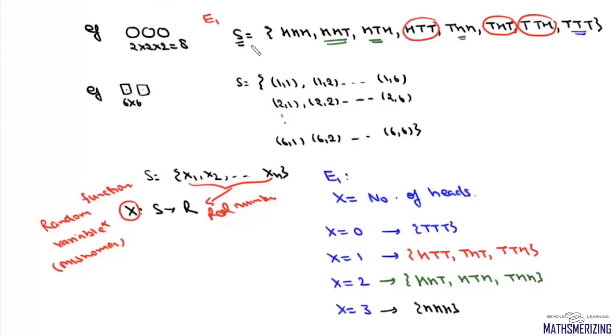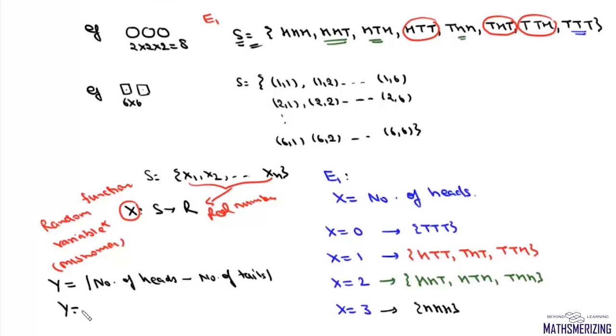Now for the same experiment, we can define another random variable, which is Y. And suppose Y is mod of difference between number of heads and number of tails. Now for this case, what are the possible values of Y?